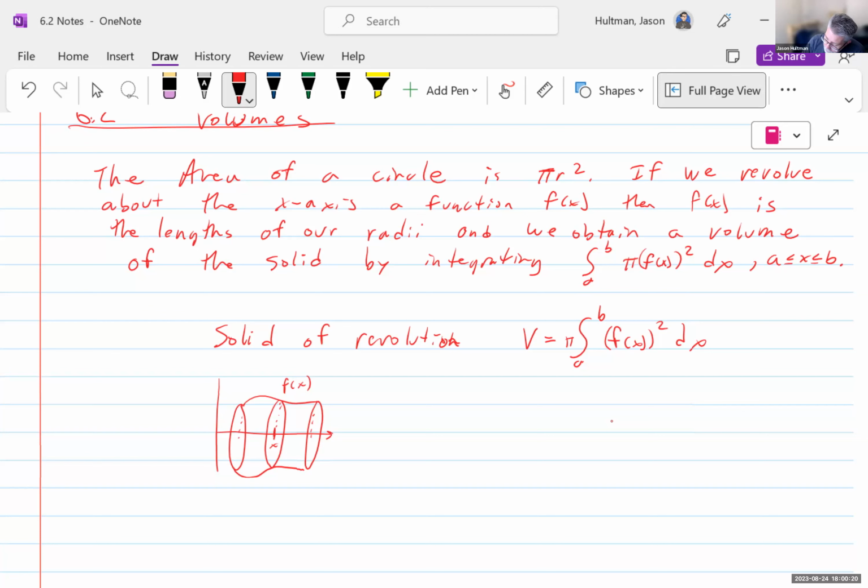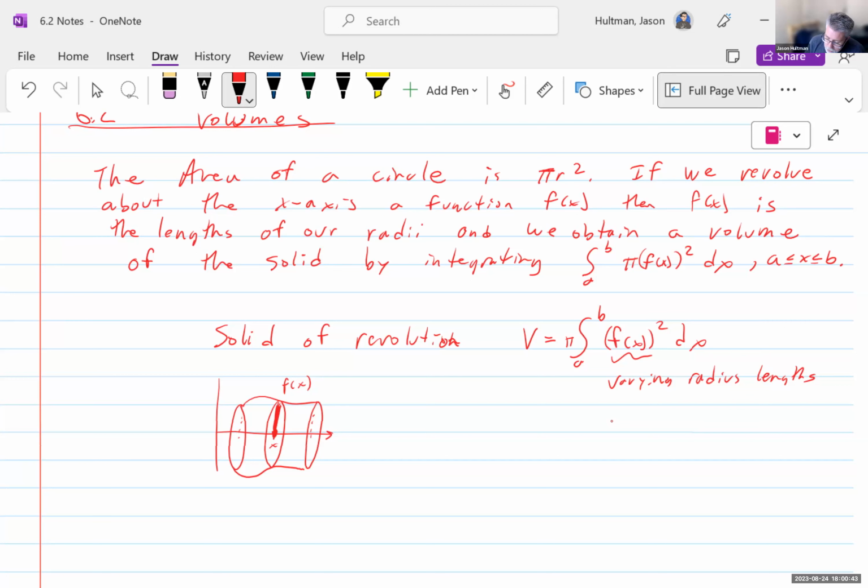And so the f of x is just my varying radius lengths, because however far I am from the x-axis is the height of my function, but that's just the y value. The y value at that value of x is f of x.